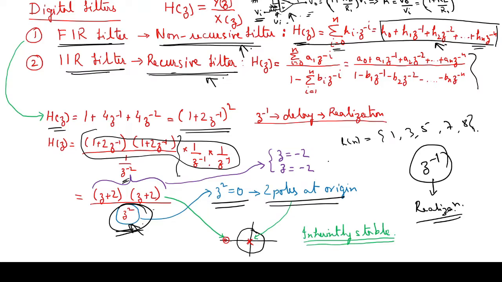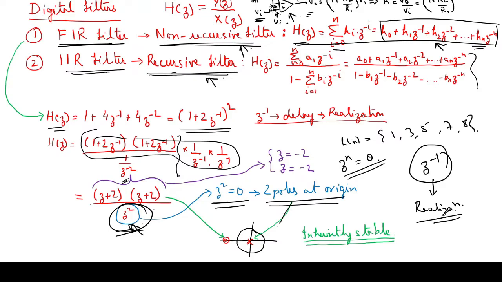If you generalize this, you will get z to the power n equals 0. If you try to find the solution for this, again you will be getting divided by z to the power n, right? So z to the power n is 0. So you will have n number of poles at the origin.